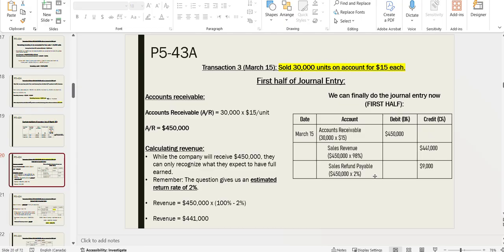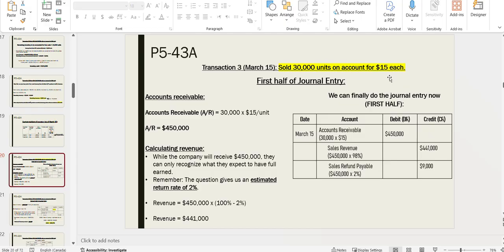So again, for your better understanding, we sold 30,000 units on account for 15 each. This 15 each is used for calculating our revenue. So 15 multiplied by 30,000 units is $450,000.